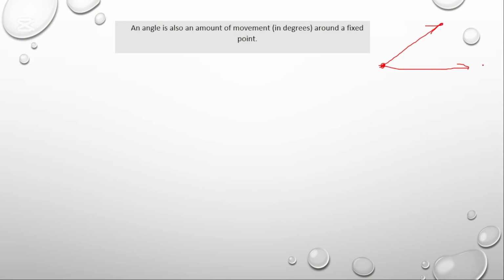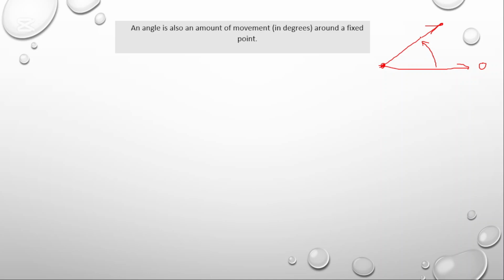The movement was from the north to that side. That's why we say an angle is also an amount of movement in degrees around a fixed point. That's our fixed point. So in this case, the movement was from north to that side.